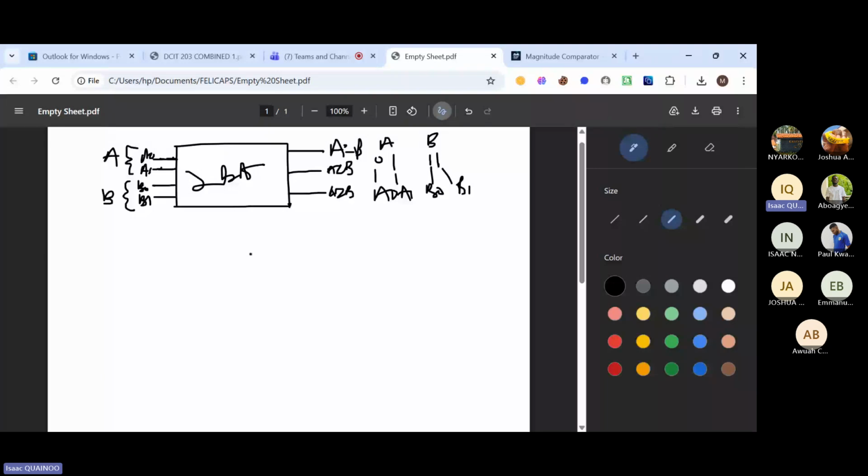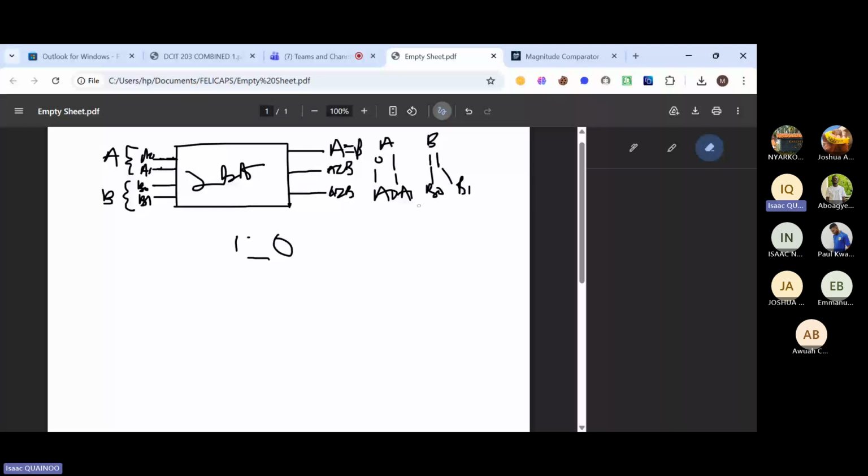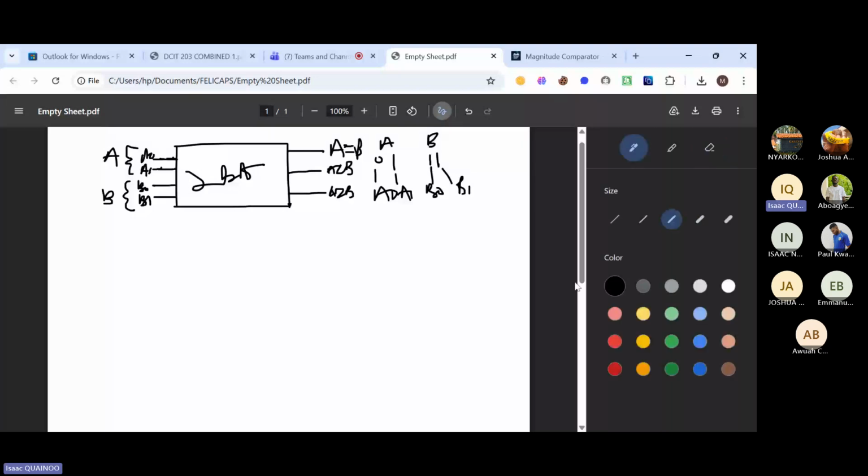What we basically mean by this is that, for example, if you have inputs 1 and 0 and you are comparing these two, you cannot tell me that 1 is greater than 0 and at the same time 1 is equal to 0. It's not possible. At a time, only one output combination can be high. So it's very easy to deduce the scenarios where that can occur.